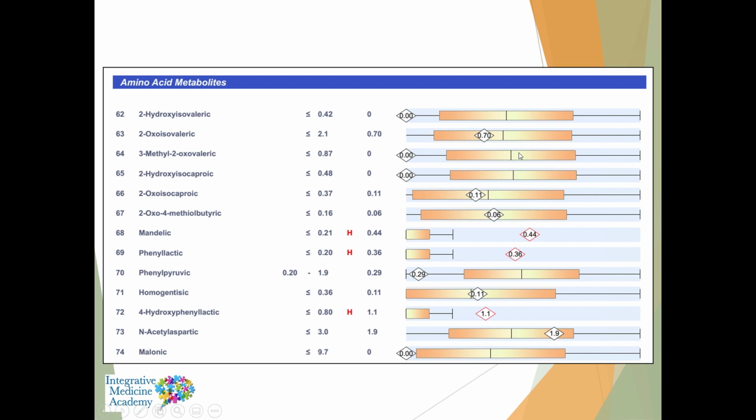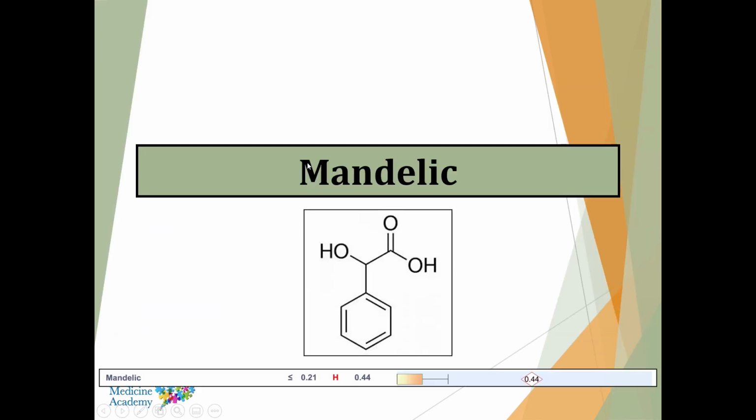All of these things can be linked to what are called inborn errors of metabolism in children. But notice we've got mandelic, phenolactic, and 4-hydroxyphenolactic acid mildly high in this person.